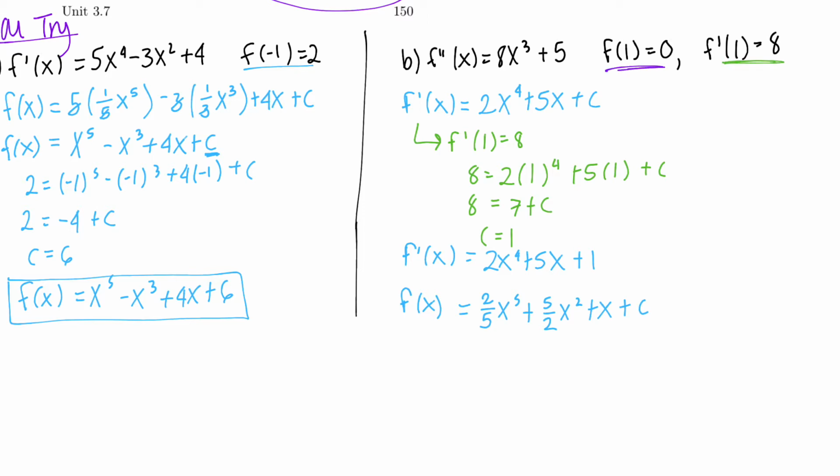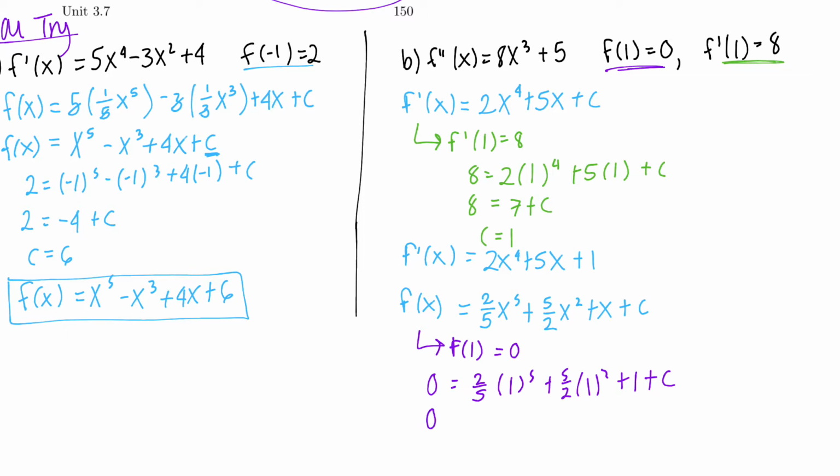Now we'll use the next bit of information, that f of 1 is equal to 0. So 0 is equal to 2 fifths times 1 to the fifth, plus 5 halves times 1 squared, plus 1, plus c. So we have 14 tenths, plus 1. Let my brain do something real quick.